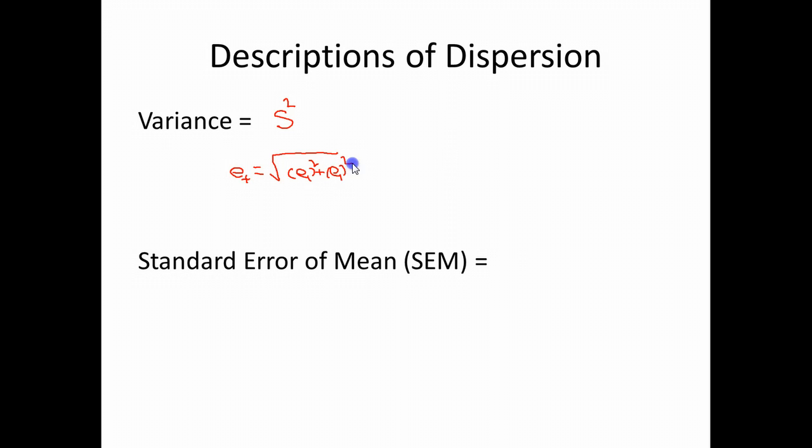But if you square both sides, you get your total error squared equals the sum of each of your individual errors squared.